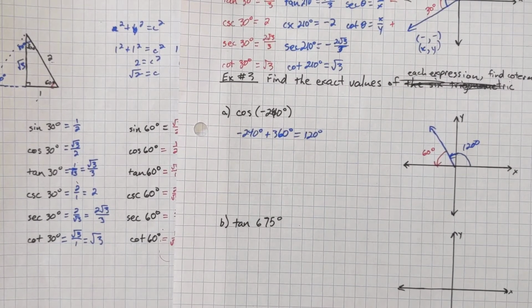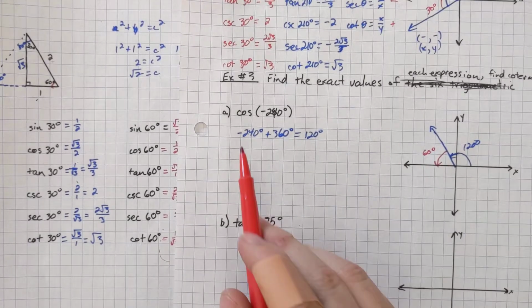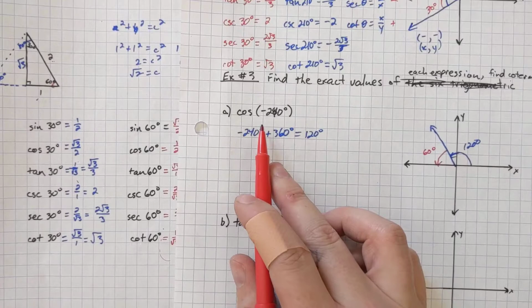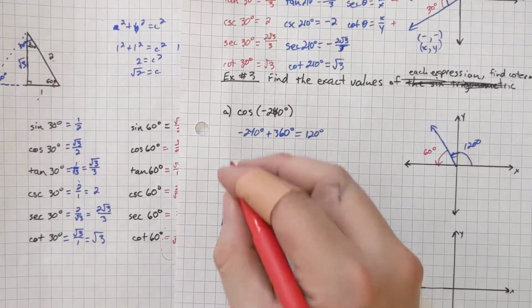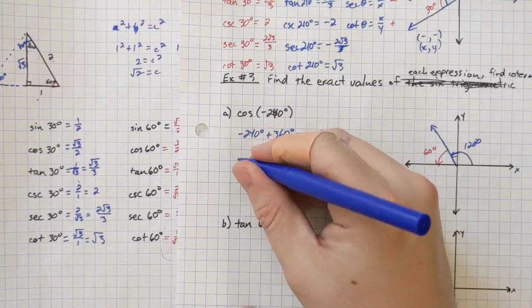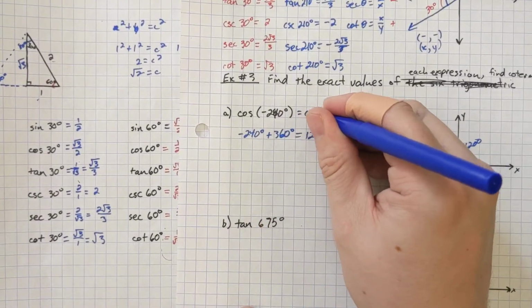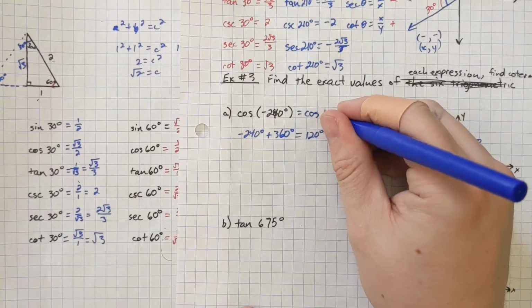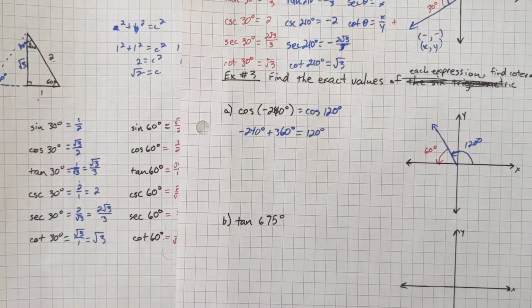All right, so that's what we would use for any of our trig functions. So what is the cosine of 240 degrees? Well, it's going to be the same as the cosine of 120 degrees.